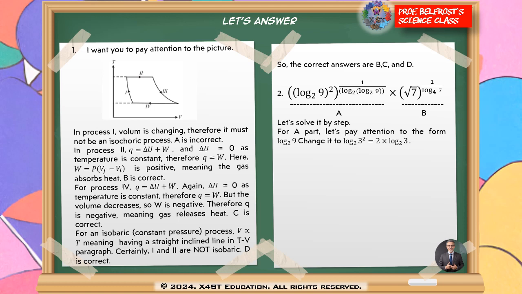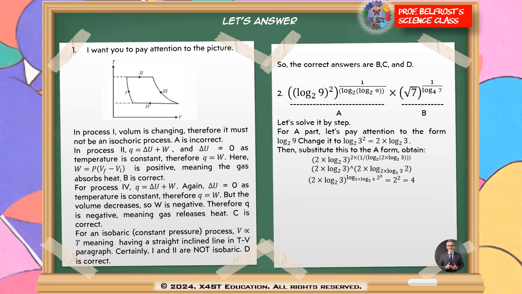So we have 2 times log base 2 of 3. Then we may substitute this into the initial A form, and we obtain a form like this. I will not read it because you can see it by yourself in the slide.